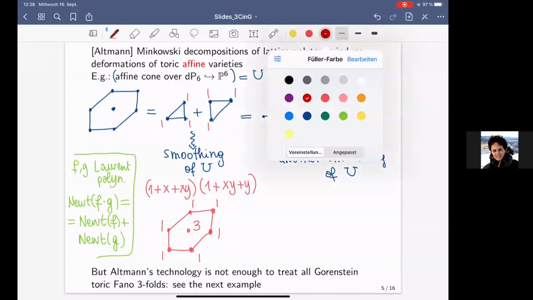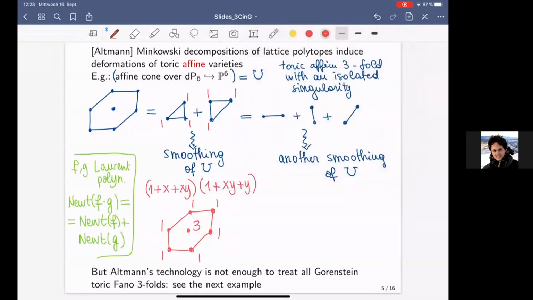Okay, and now if I consider the other situation, basically I get 1 plus x times 1 plus y times 1 plus xy. And of course here up to translation because I'm lazy. And then in this case, I get this situation. So the vertices still have coefficient 1, and then in the middle I have coefficient 2.